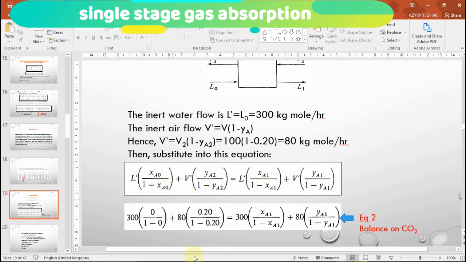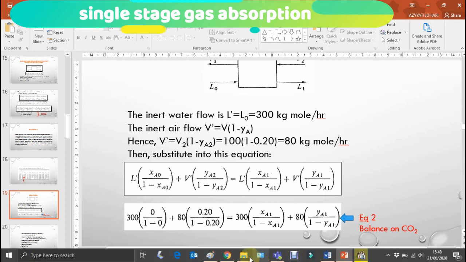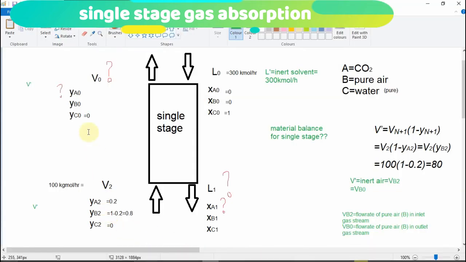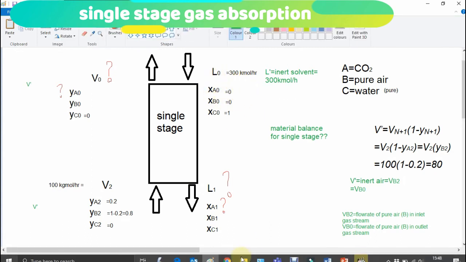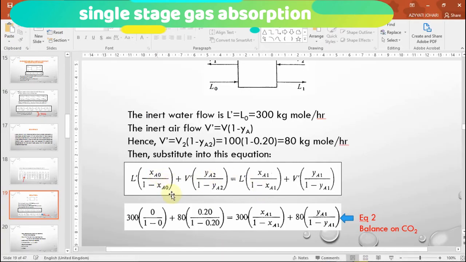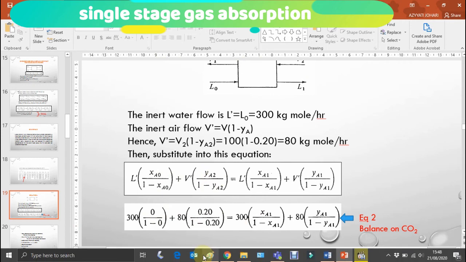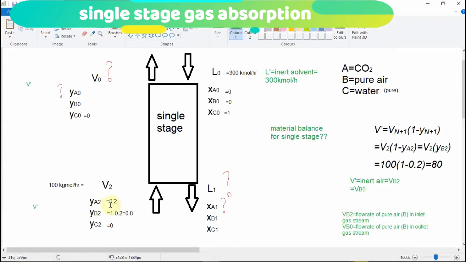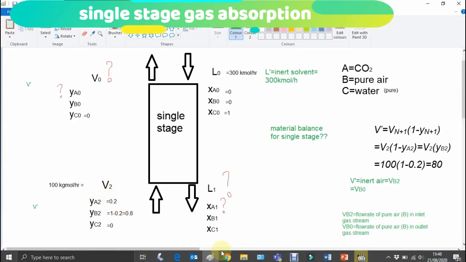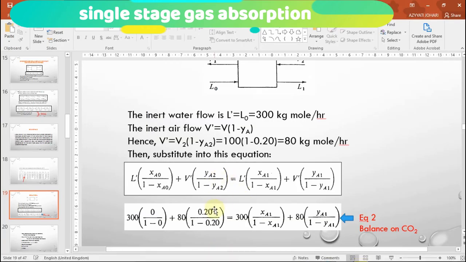XA naught from the diagram, we know is equal to 0. So substitute in this equation, XA naught will be 0. YA2 from your diagram is 0.2, so substitute 0.2 in here.